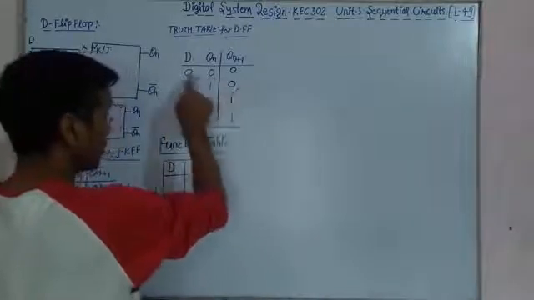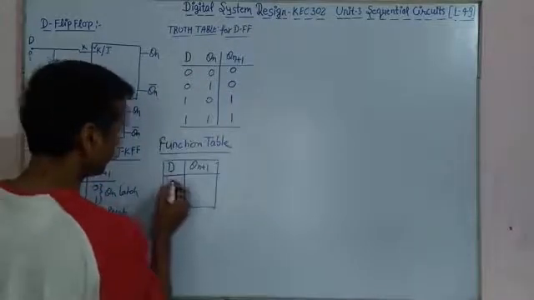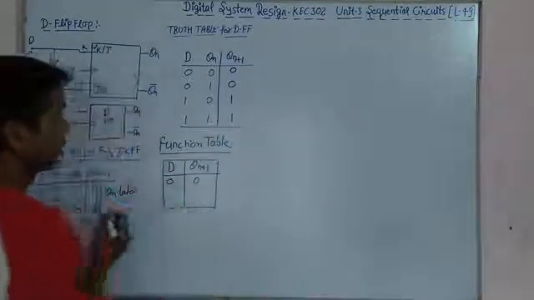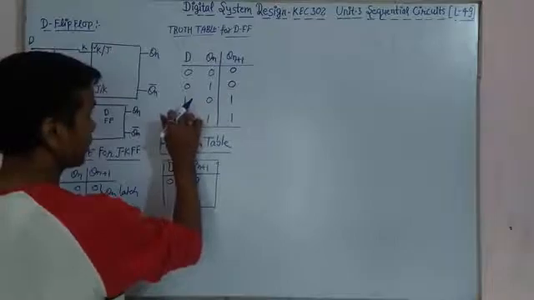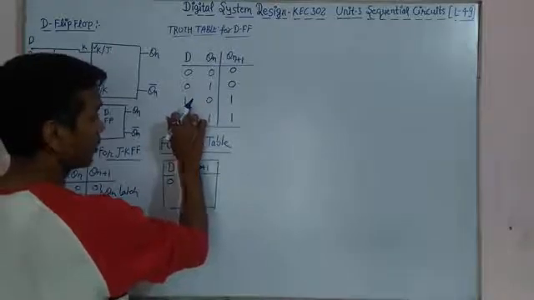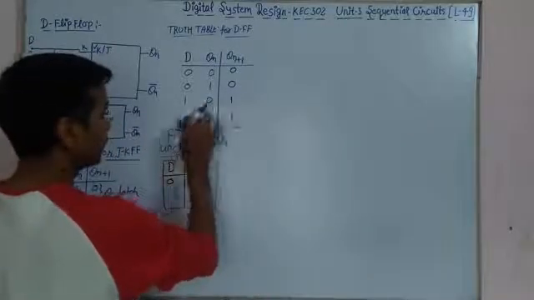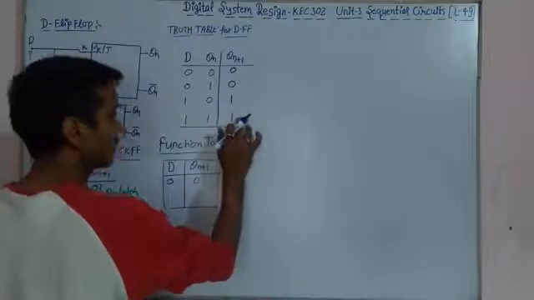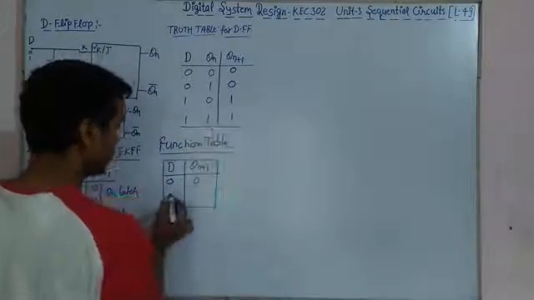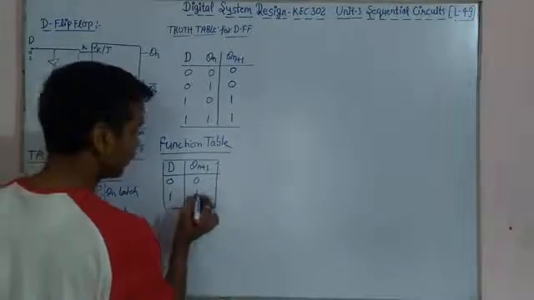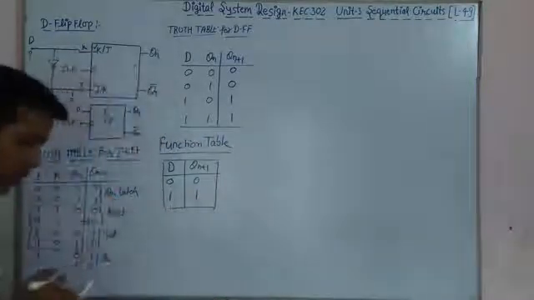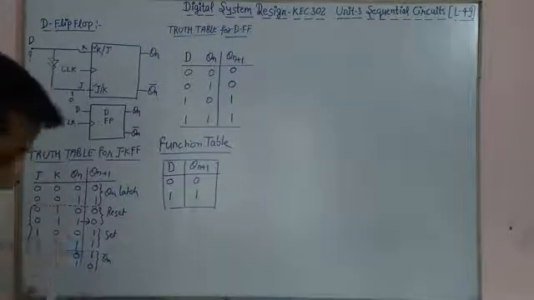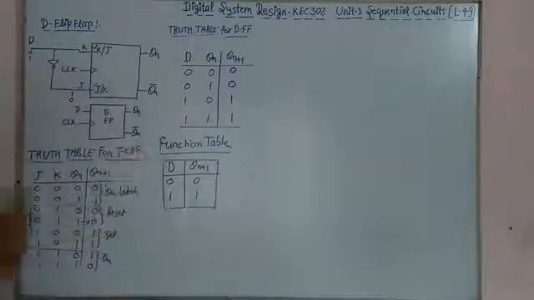It means if D is equal to 0, output you will get 0. Here, if input D is equal to 1, you will get the output also 1. So if D is equal to 1, output will be 1. Okay, so this is the function table.